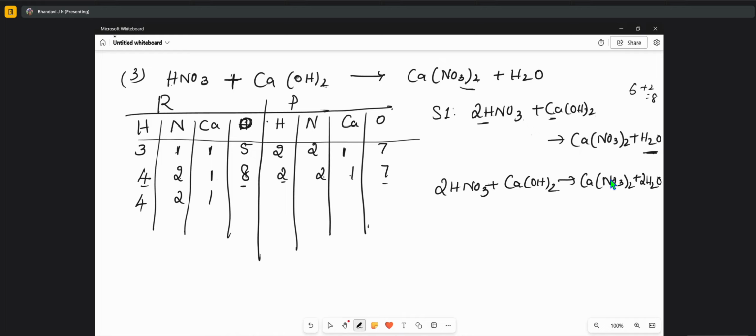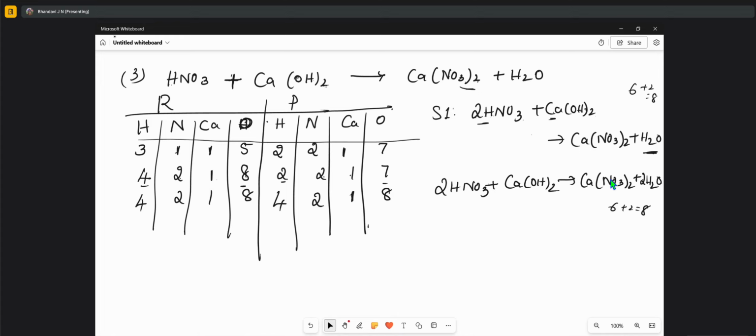What will you get? In the reactants I have not changed anything; I will keep it as it is. Calcium and nitrogen are the same. Only oxygen and hydrogen I have changed. Oxygen: 3 into 2 is 6, and 2 here, so it is 8. Hydrogen: 2 into 2 is 4. Now it is balanced.